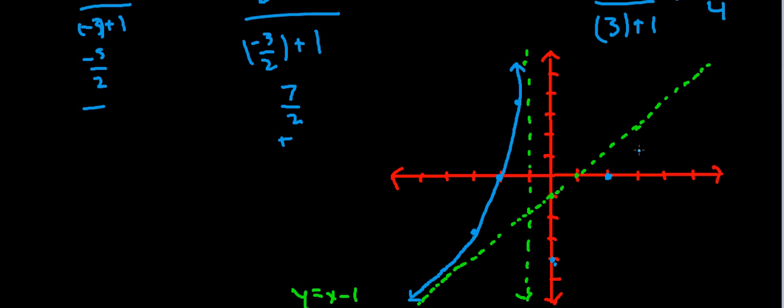We have 5 over 4, so it's going to be here somewhere. Maybe a little bit lower. Just not very good at drawing. But anyways, it looks something like that.